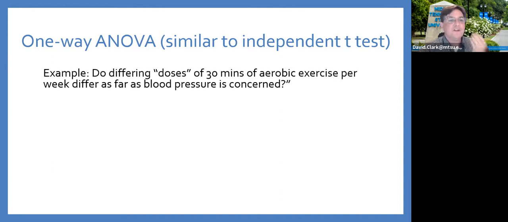The one-way ANOVA is similar to the independent samples t-test. In this case, you are comparing data from at least, and you want to write 3 different groups, 3 distinct groups. Okay.